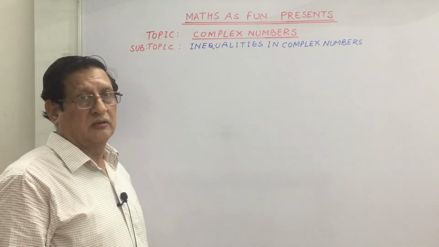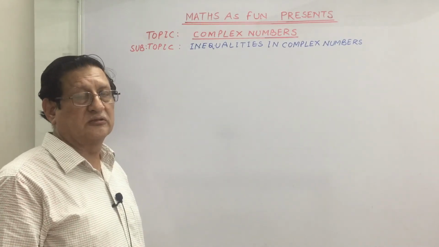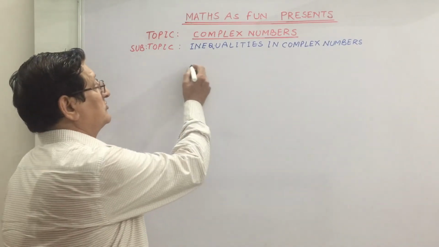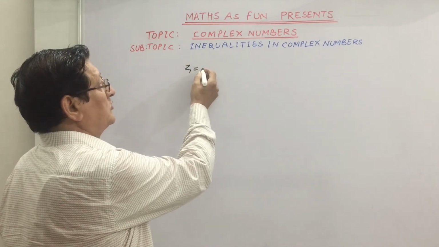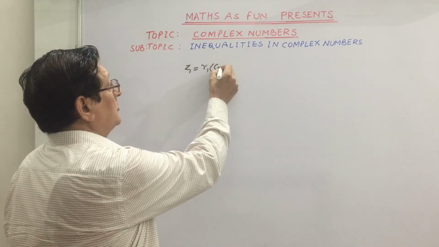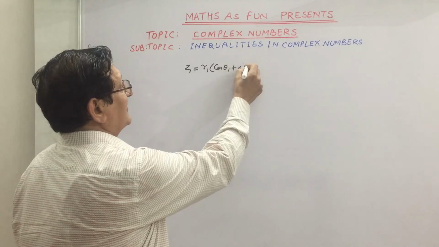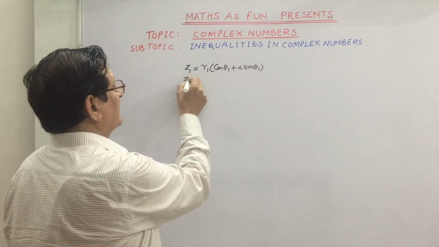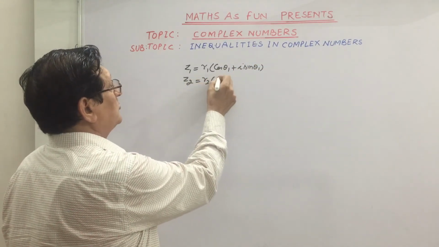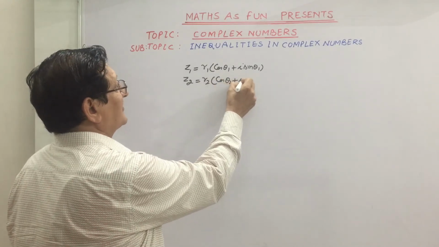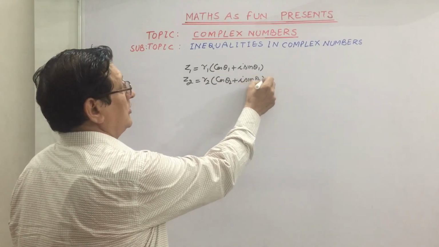We know that a complex number can be represented in vector form. Suppose we have z1 equal to r1 into cos theta1 plus iota sin theta1, and z2 as r2 into cos theta2 plus iota sin theta2.